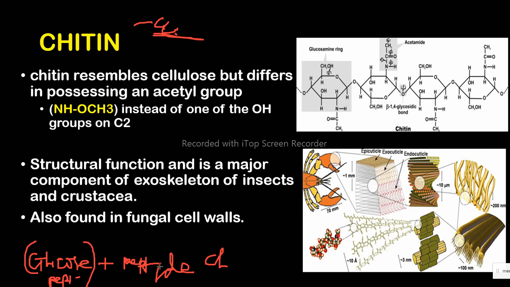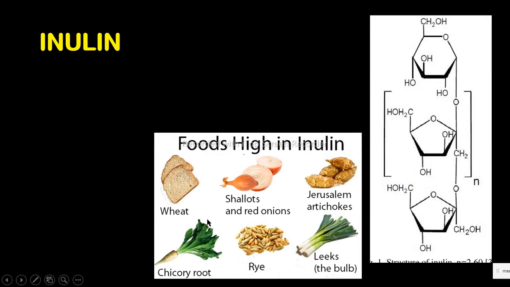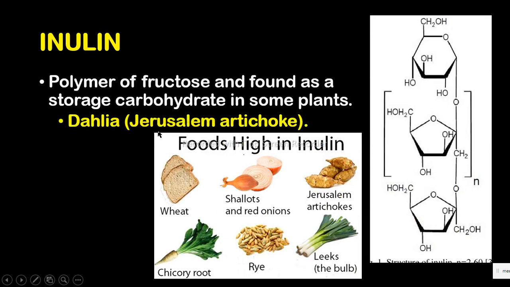Maybe we can talk about inulin, because that one is just simple, and then we call it a day. So inulin is just a polymer of fructose molecules. Simply, when fructose molecules add up together, they will form inulin.